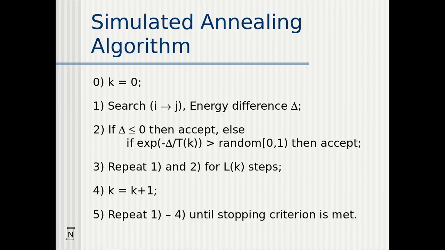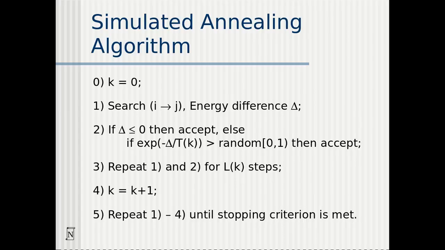In the random test we compute exponential of negative change in energy divided by temperature, and if it's greater than a random value between 0 and 1, we accept it. Then we reduce the temperature. We repeat this process a certain number of times, and we stop when the temperature is less than a particular threshold.